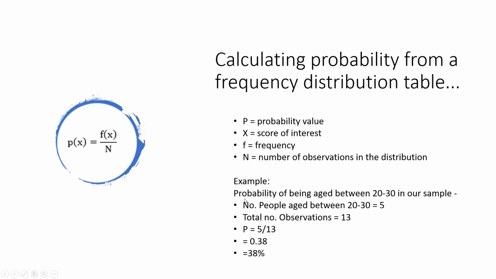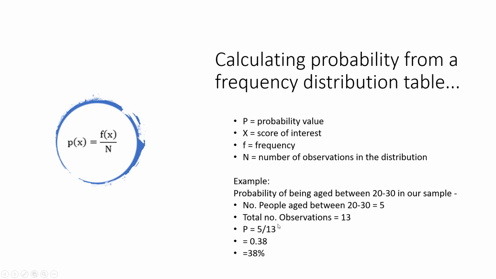So if we think back to the table that we used, when we had a grouped frequency distribution based on intervals of 10 years, perhaps we want to know what the probability of being aged between 20 to 30 in our sample is. So we would look at the number of people aged between 20 to 30 in our sample, which is 5.